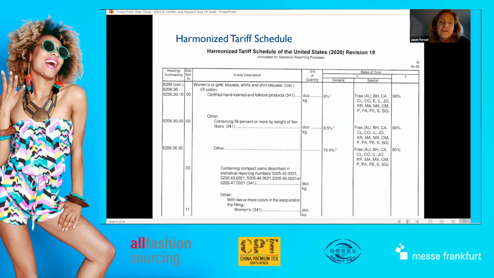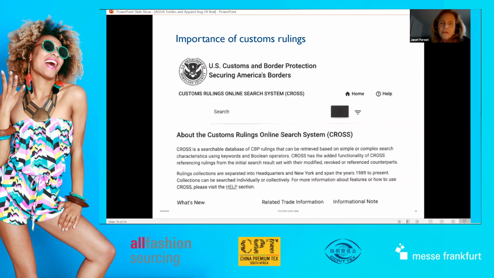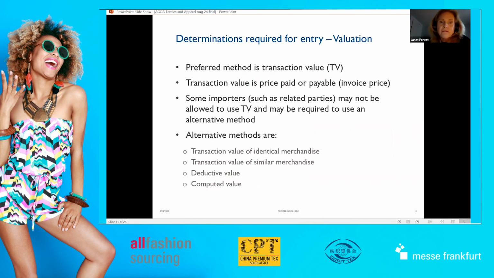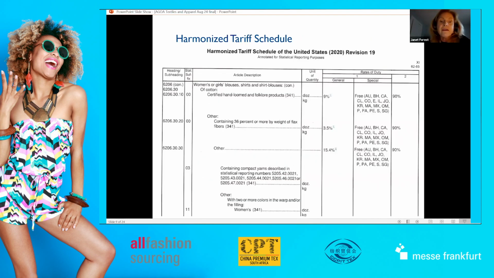Then you start looking at the article description, and you start at the left margin, and you see it's women's or girls' blouses. Then you go down a level, and this is describing cotton women's blouses, and they would either be certified hand loomed or other, which is not certified hand loomed.